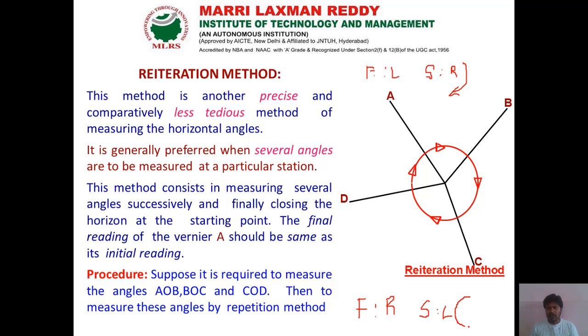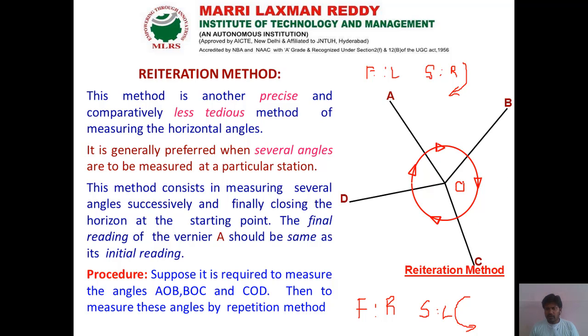So from the starting point to the end point, and from the end point back to the starting point, we measure the angles. Here we do it 2 times, whereas in the repetition method we calculate the angle about 6 times, so the accuracy is somewhat less in the reiteration method. Now we move on to the procedure.